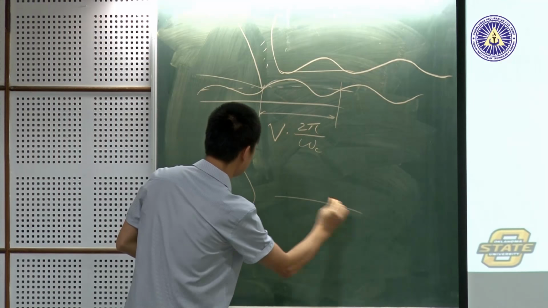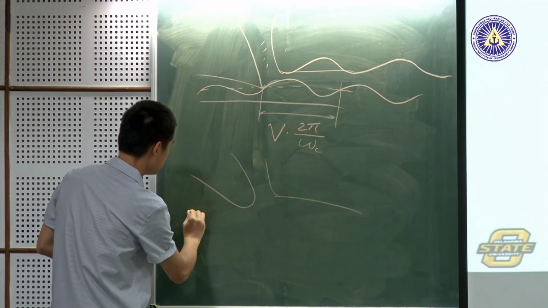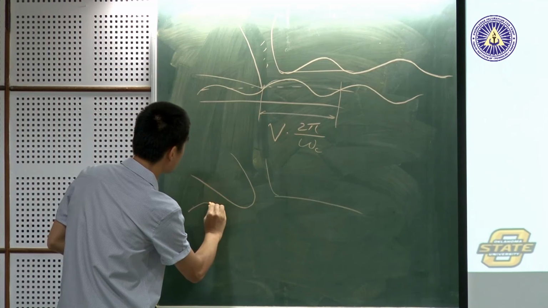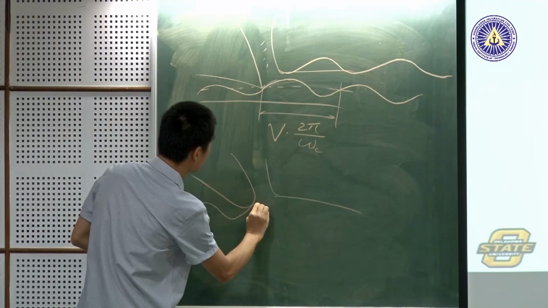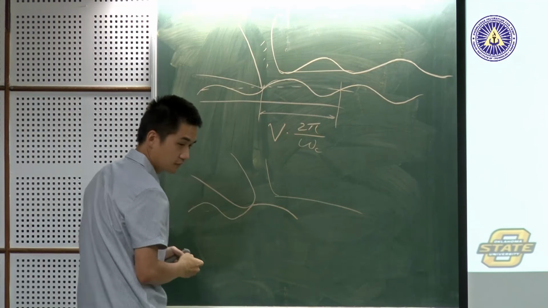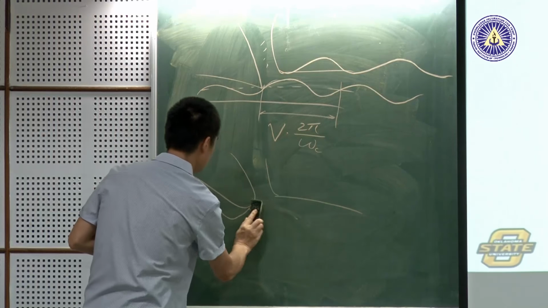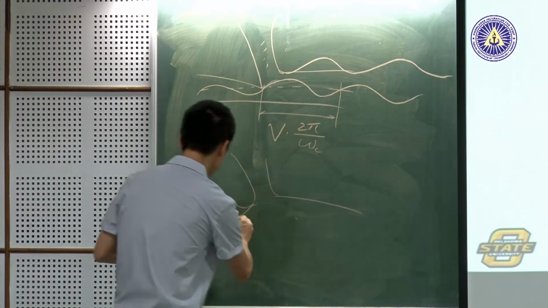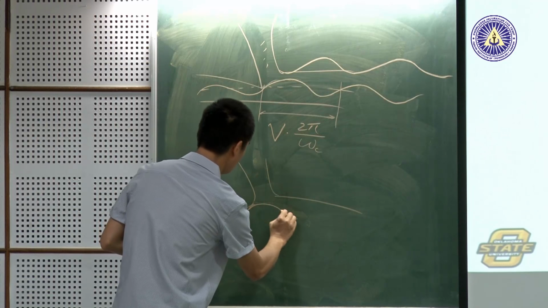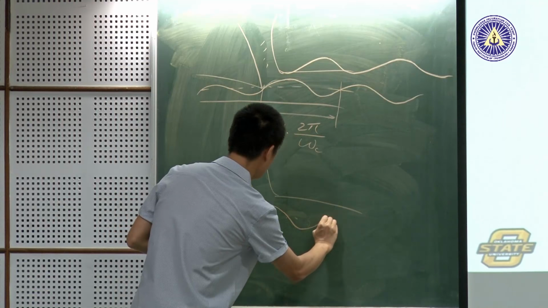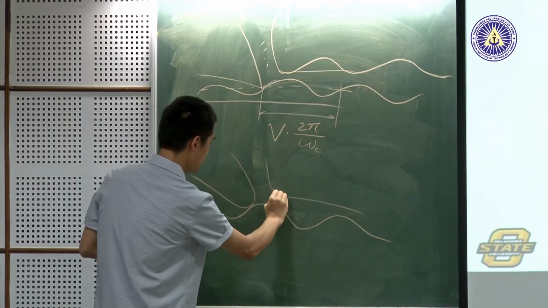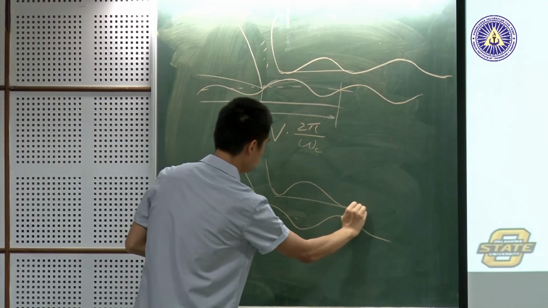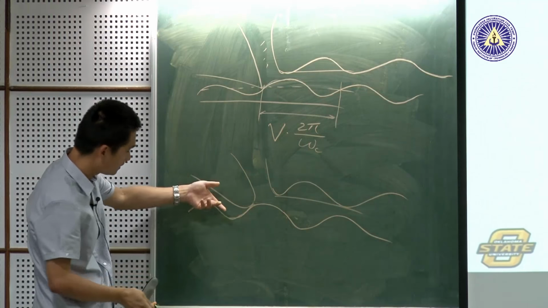Now we have a round edge instead. If I draw the same thing here, and this again is the previous wave, let's think about this trajectory.